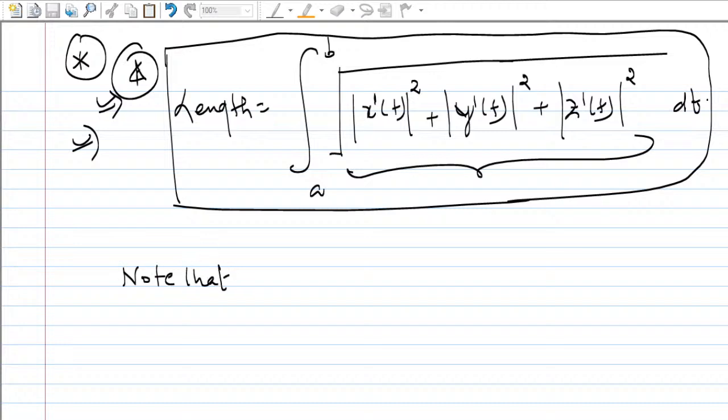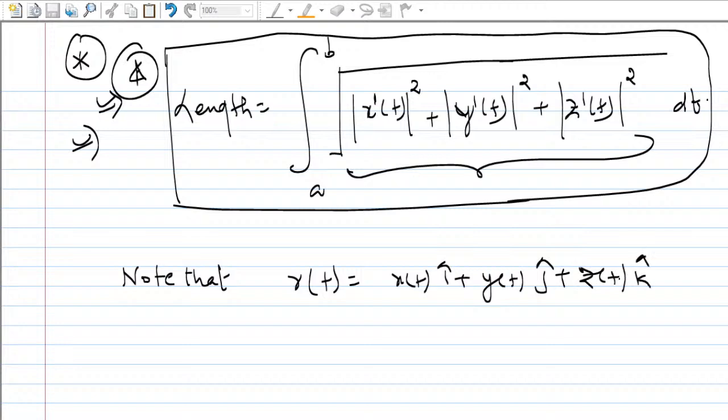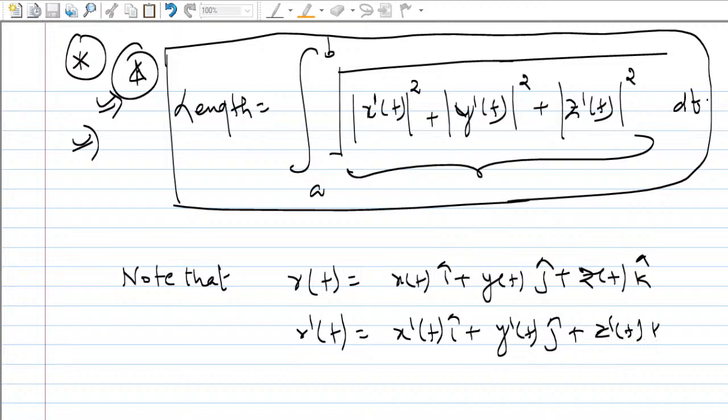Note that this is basically, suppose r of t is given as x of t i cap, y of t j cap, and z of t k cap, right? So what is this? You have to differentiate first, right? Differentiation would happen component wise: x dash t, y dash t, and derivative of z of t k cap.